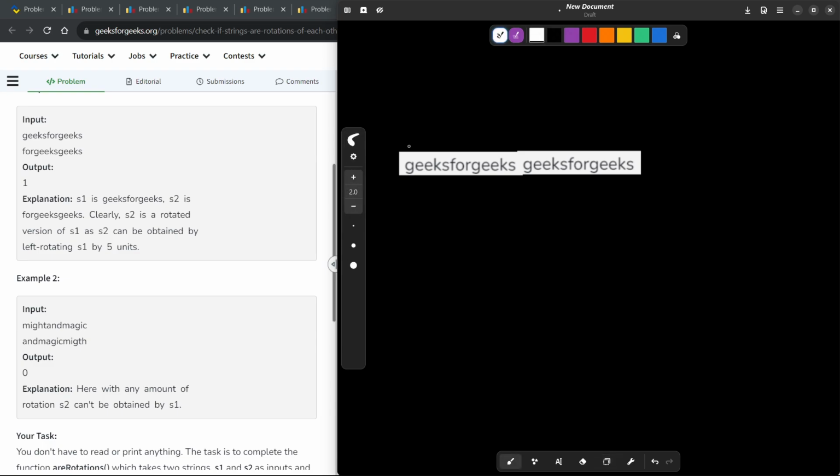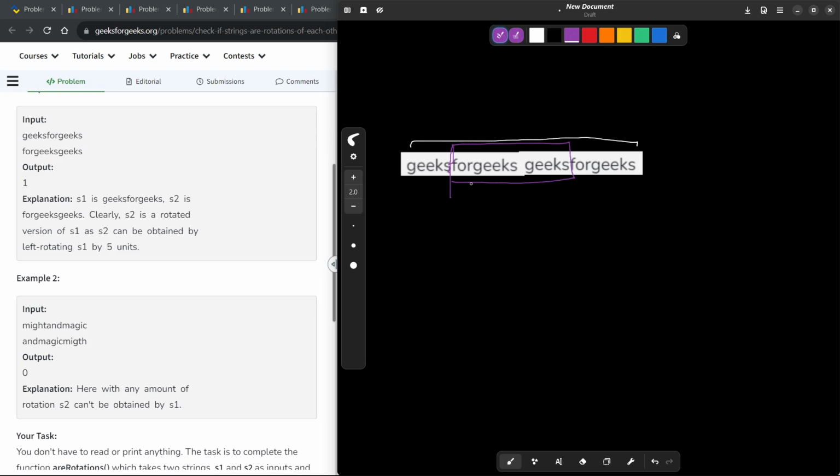So this is the new string that I have. Now if there was any rotation, for example this one for geeks, you will find the rotation from here, right? For geeks, you will be able to find the complete string.